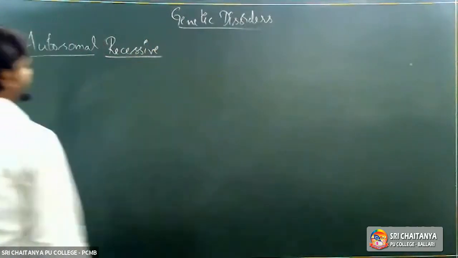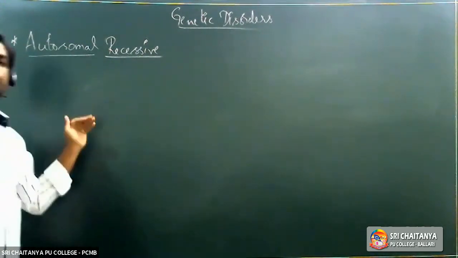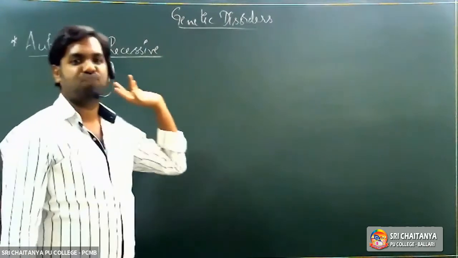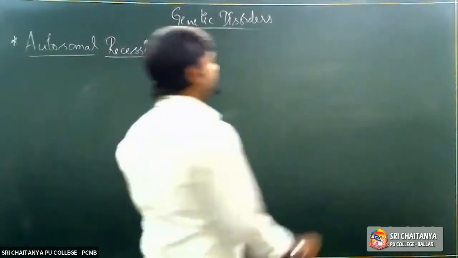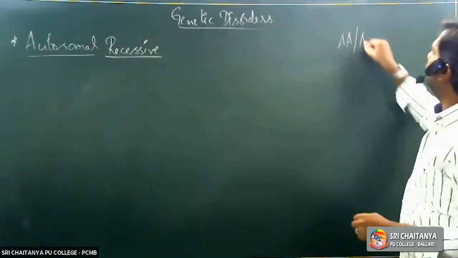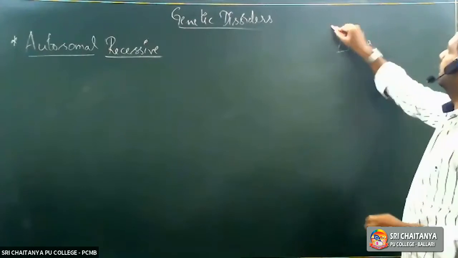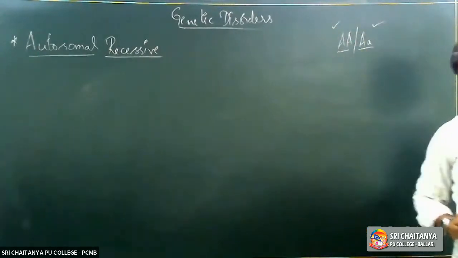Unlike autosomal dominant disorders, where we said the mutation is a dominant mutation in the autosomes, when we say dominant mutation, the condition could be homozygous dominant or heterozygous dominant. If either is the case, the disease would be expressed.